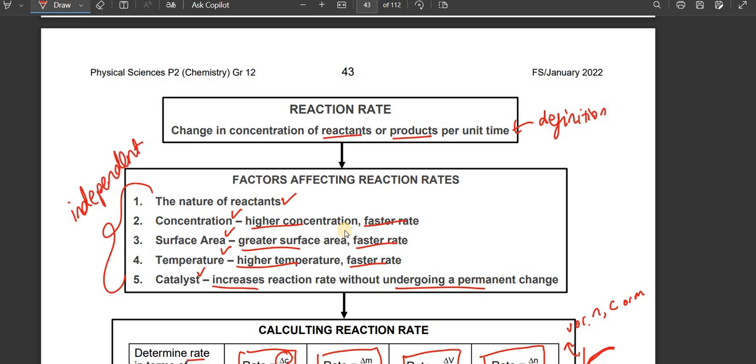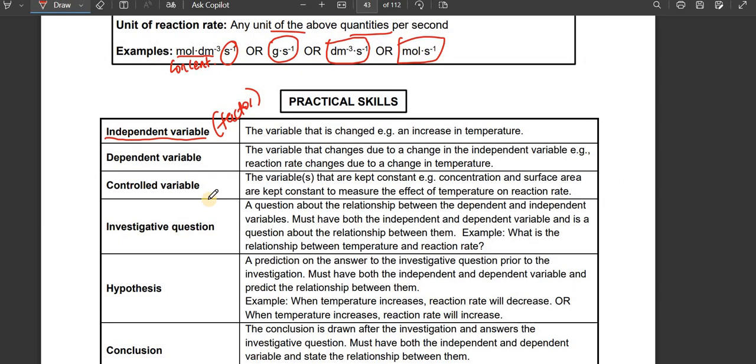If I ask you, give me the independent variable, you check the factor that is being investigated. That is your independent. What is your dependent? It will always be the rate of the reaction. It's going to be the reaction rate.